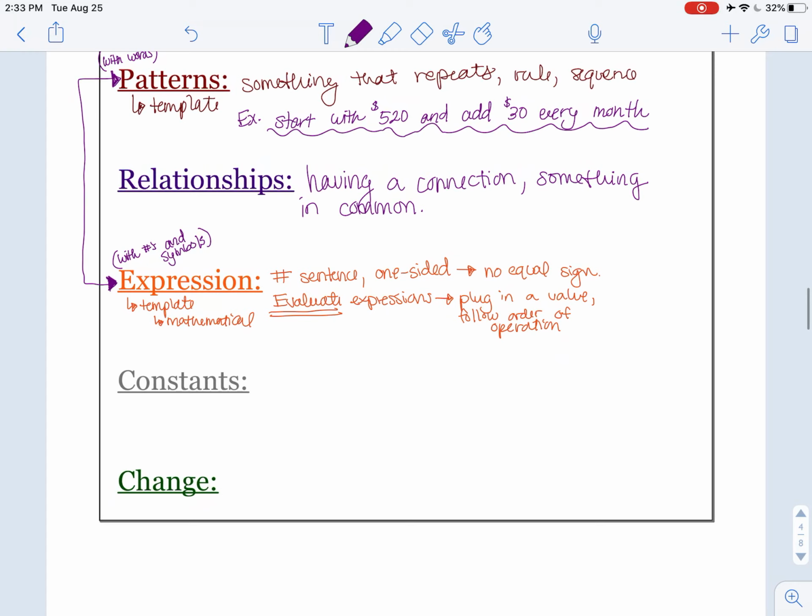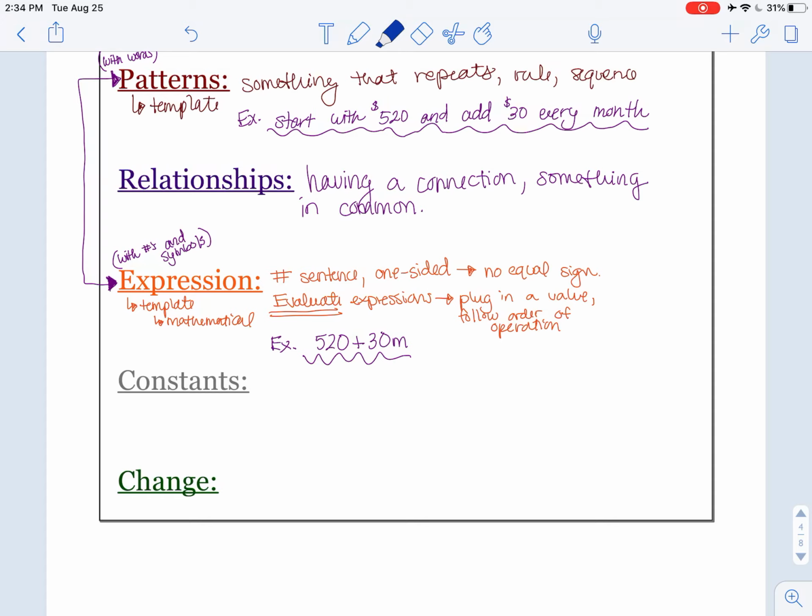So instead of using words to say start with $520 and add $30 every month, we would say 520 plus 30 every month we would say an M. But we'll further get into that a little bit later, how to build that expression. But you can see that one is in words and another is in numbers and symbols.